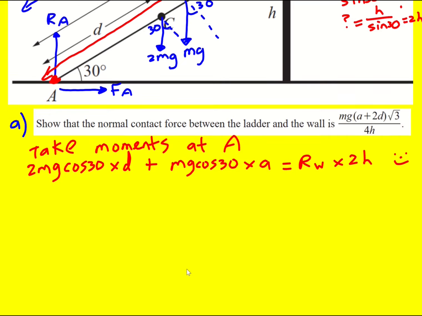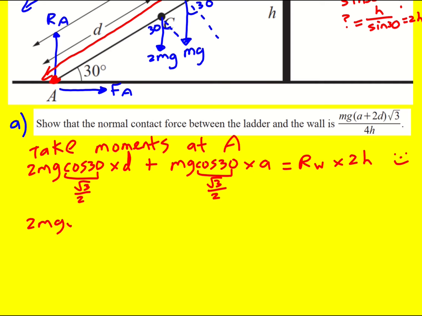So first of all, let's get the exact values of trig involved. Cos 30, put it in your calculator or you may know it, it's root 3 over 2. Now, there's different ways of doing this, but not a bad idea, I think, is to multiply through by that 2.